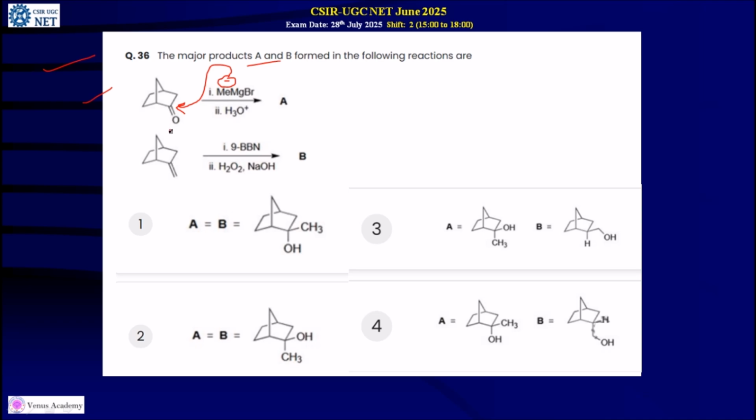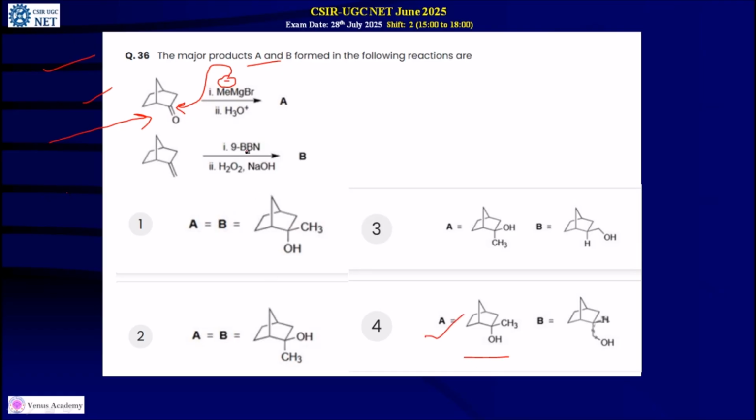So downside it is going to be alcohol, and this methyl group comes from this side, not from the lower side. So it is going to form this. A should be alcohol. Yes, here it is A and B. So A is correct here.